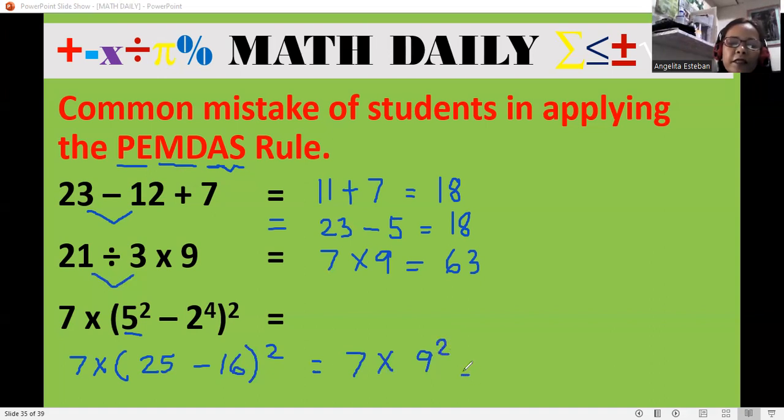So before doing the multiplication, you have to do first this exponential number, resulting to 7 times 81. 81, that is 9 times 9. And after that, we can now combine this. So 7 times 81 is equivalent to 567. And so the answer to our problem is 567.